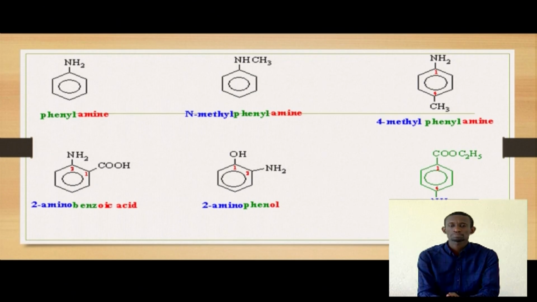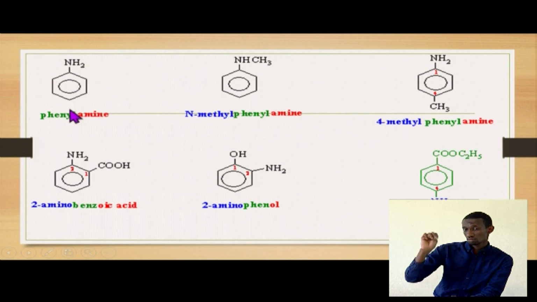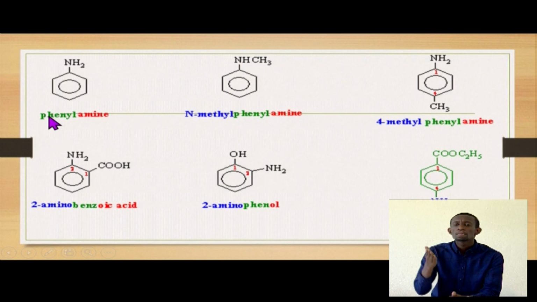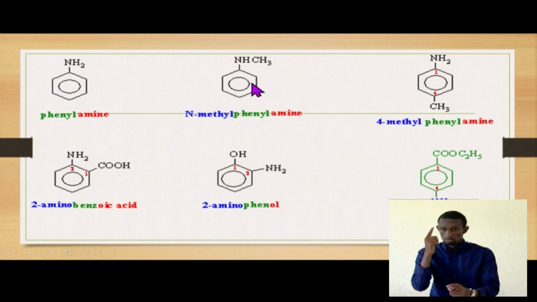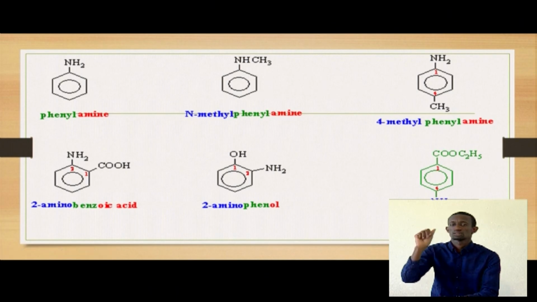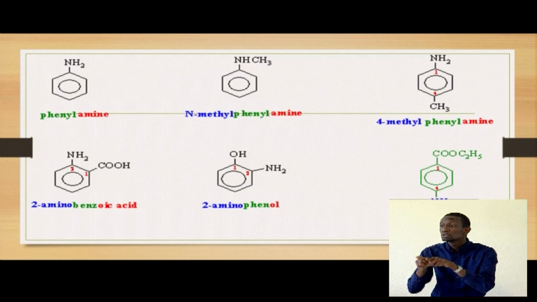So this is the compound I'm just talking about. This is phenylamine, the phenyl group, which is also sometimes called aniline. So here, this is a secondary amine. Secondary amines are not named as primary amines.